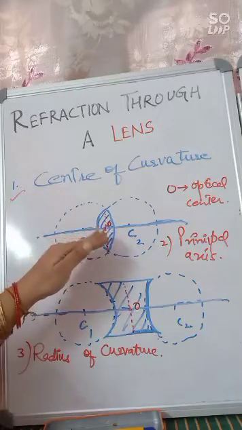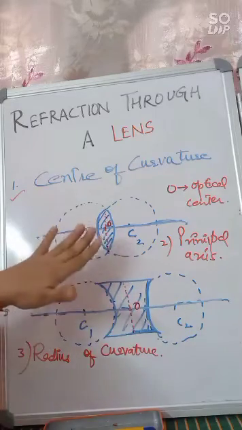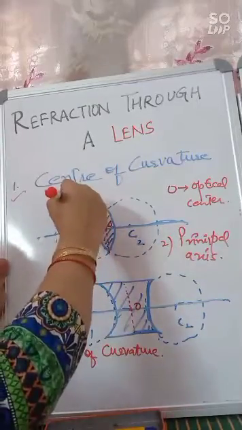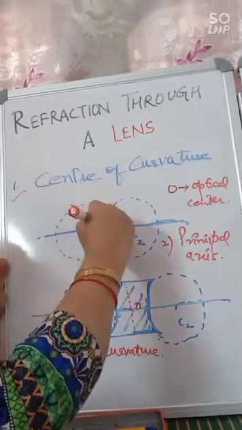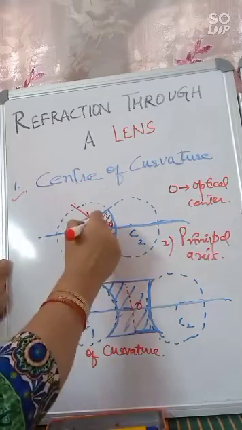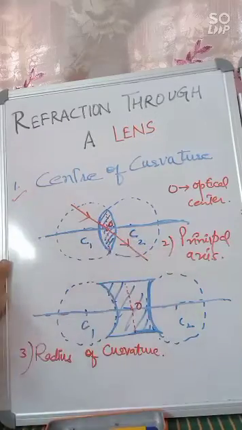This we'll do when we discuss the ray diagrams. It's just like, suppose a ray is incident at this point of the lens, right? It will pass through this point undeviated. This is what they want to tell you.